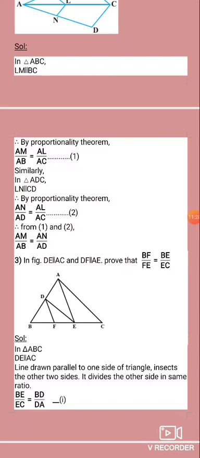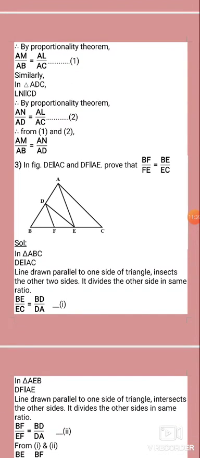DE is parallel to AC, so using BPT, BE by EC is equal to BD by DA. Call it equation 1. Similarly in triangle ABE, DF is parallel to AE, so BF by FE is equal to BD by DA.